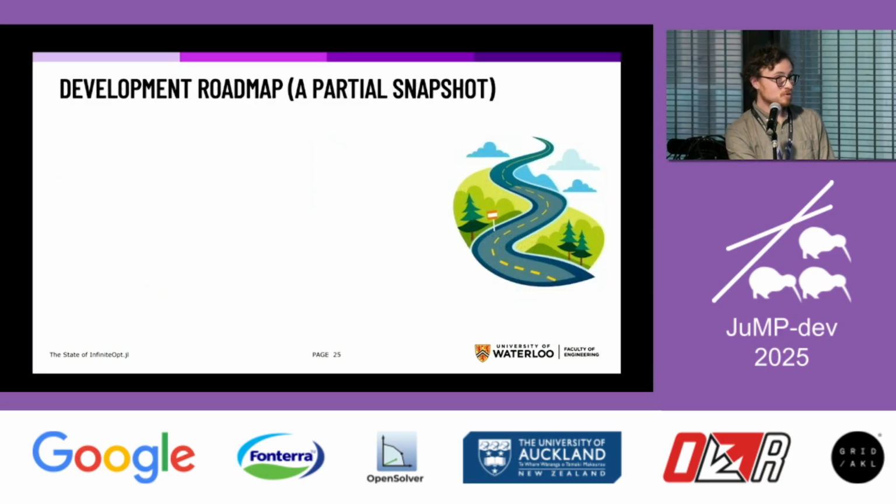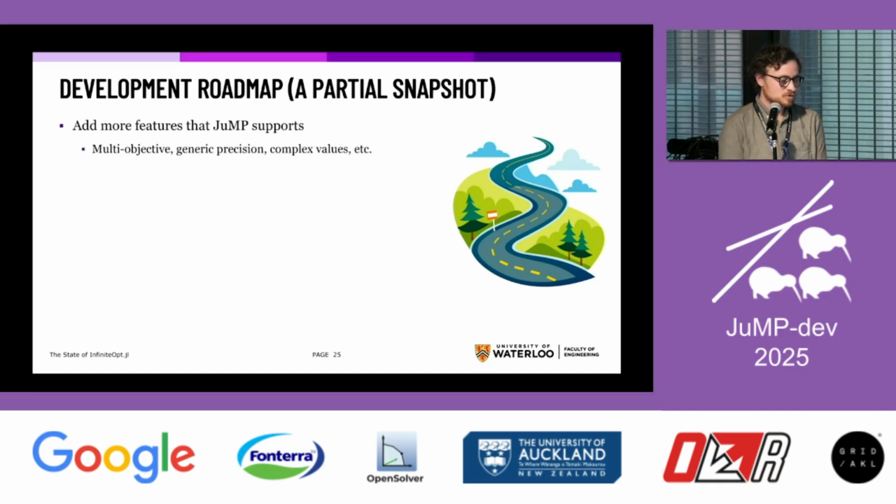Going forward, some things we have on our roadmap, which we plan to add more features, of course. We plan to implement a few things that JuMP has that we've not added yet, like multi-objective optimization support, generic precision, complex values, stuff like that, which there's no fundamental reason why we don't have yet. We just haven't had time to add it. We want to enhance our PDE support.